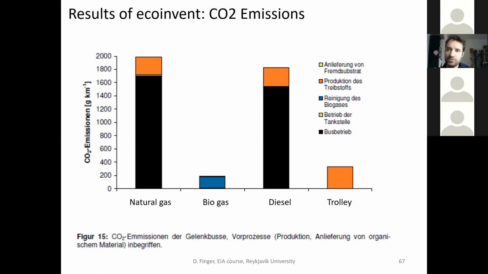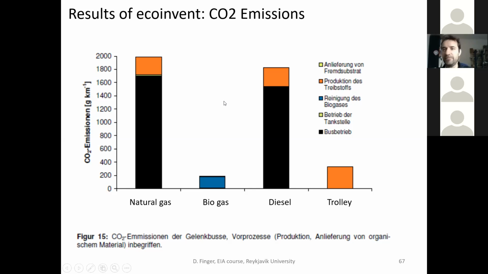In order to produce the organic material that then comes into the sewage treatment plant, the same amount of CO2 is extracted out of the atmosphere by simply growing plants and producing food that is then eaten by humans, and then goes into the sewage treatment plant. So it's a cycle. The biogas does not have any CO2 emissions during the operation of the bus. And of course, the CO2 footprint of a biogas bus is then significantly lower.